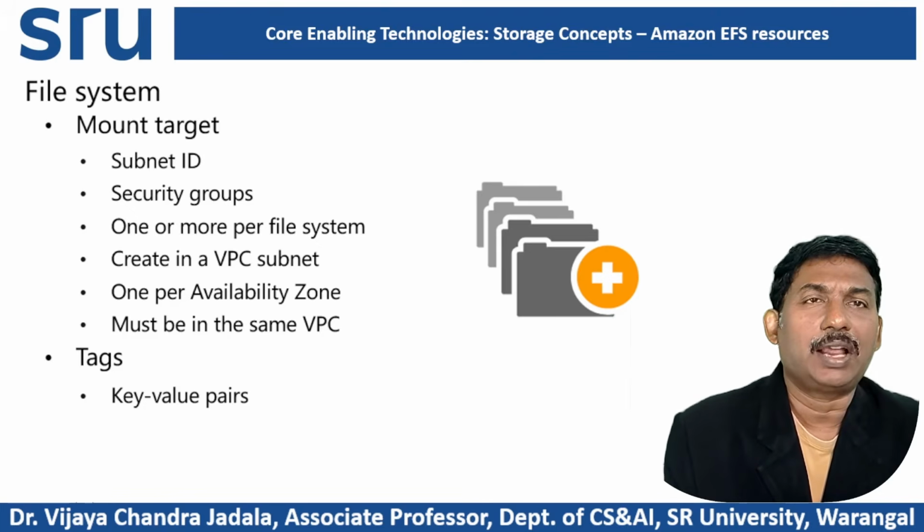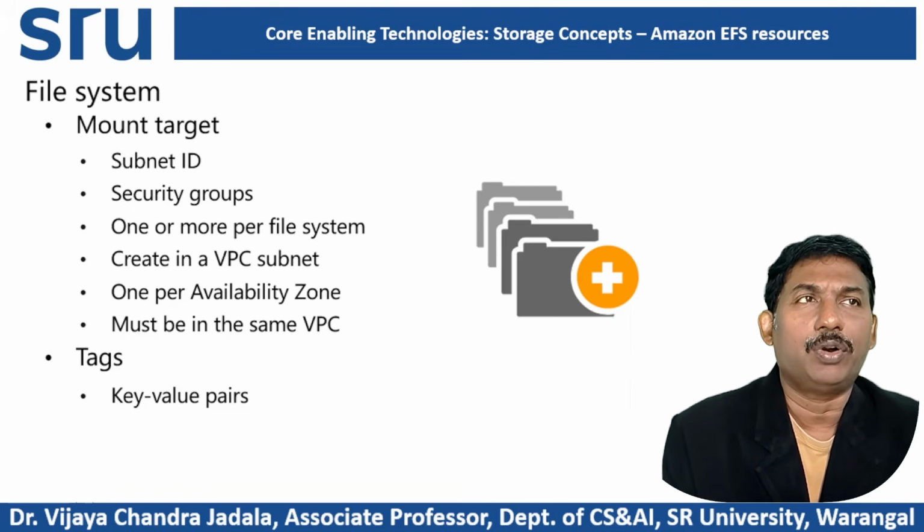The tags related to it are key value pairs. This is all about the Elastic File System resources. So the core enabling technologies related to the storage concepts are the Amazon Elastic File System resources. So this is all about the Elastic File System.